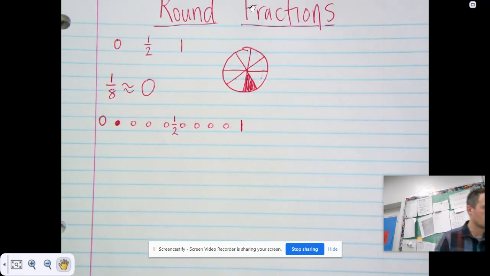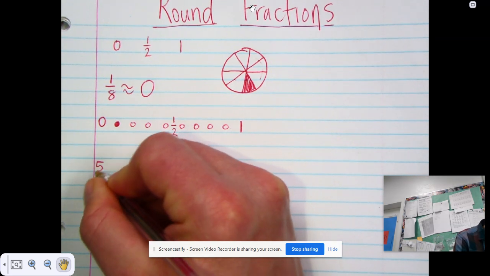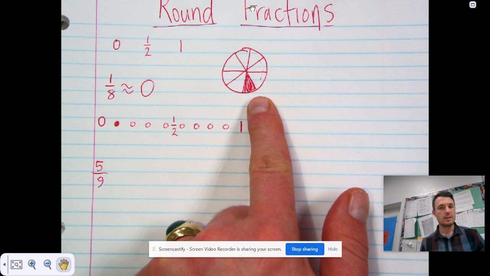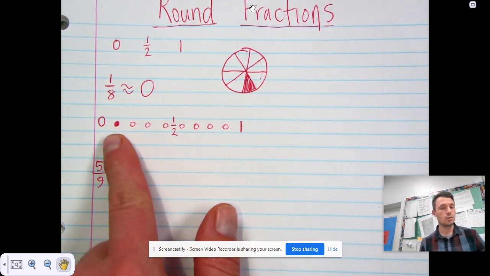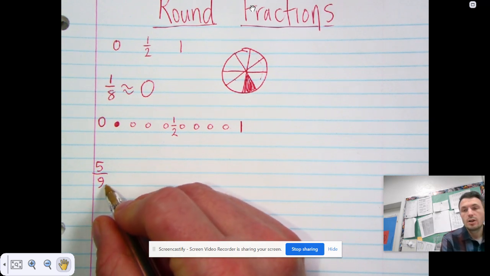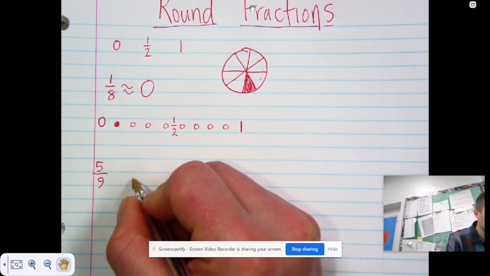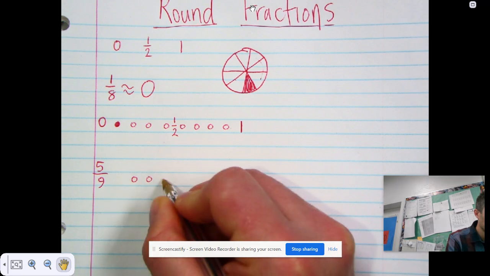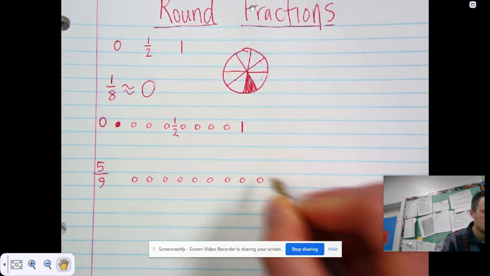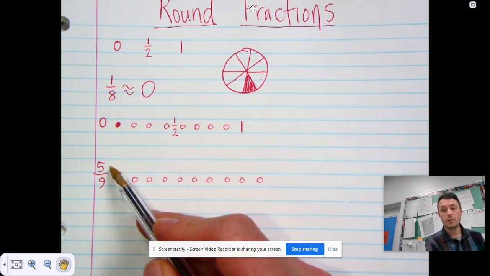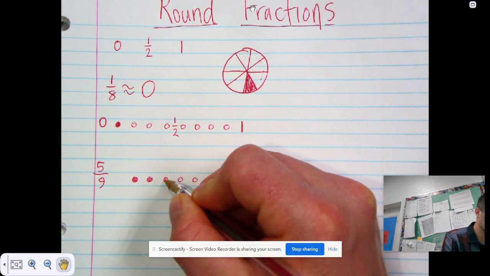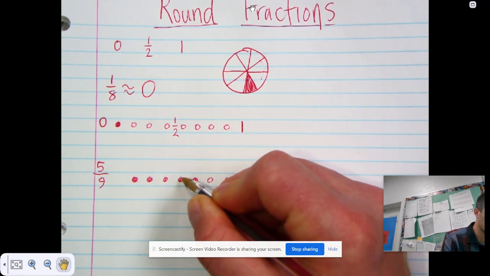Let's do another example. Let's say we have 5/9. So rather than doing pizza, that's harder to see, let's use the circle way. Our denominator is 9, so we're going to do 9 circles. 1, 2, 3, 4, 5, 6, 7, 8, 9. Our numerator is 5, so we're going to color in 5 of them. 1, 2, 3, 4, 5.